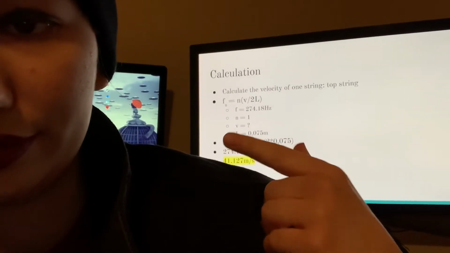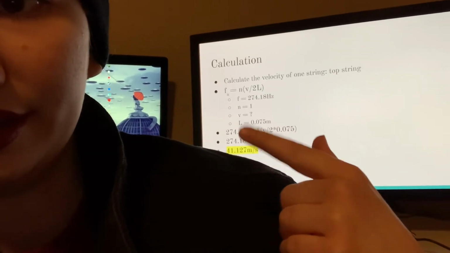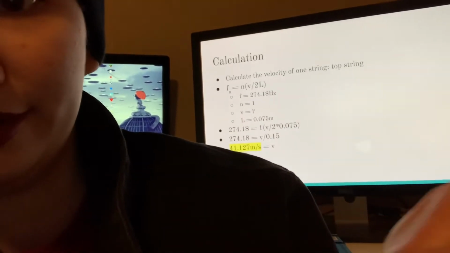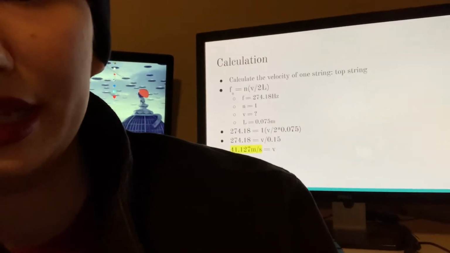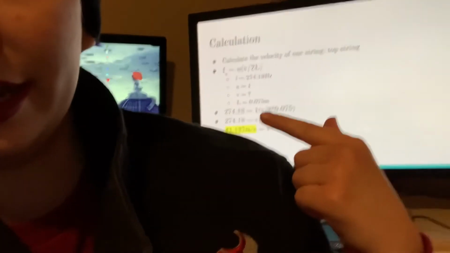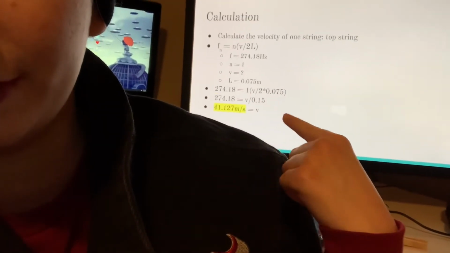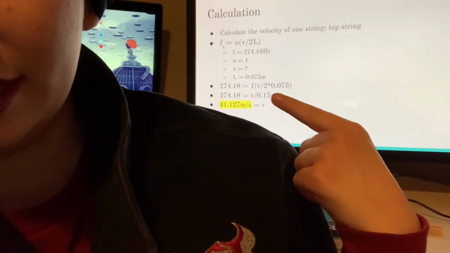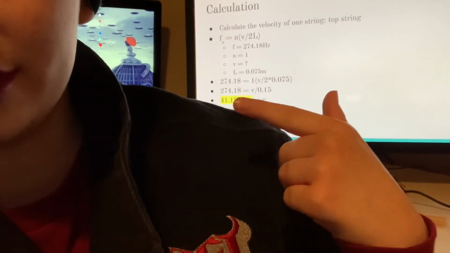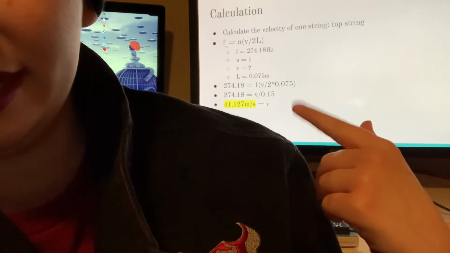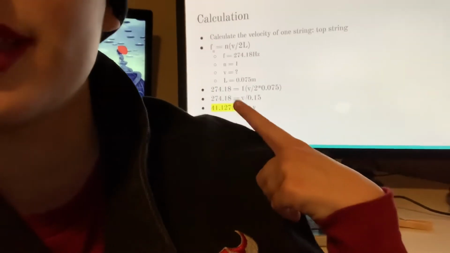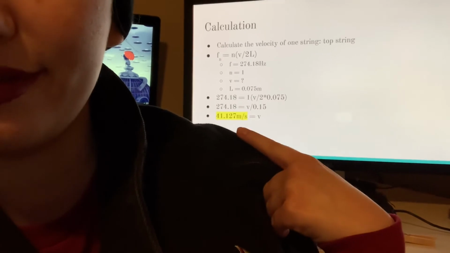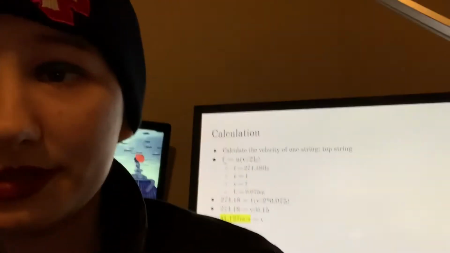We know, of course, the frequency, the harmonic, the fundamental frequency, and the length, and you put those numbers in, you do the multiplication, and then you multiply each side by 0.15, and that's the velocity, about 41 meters per second.